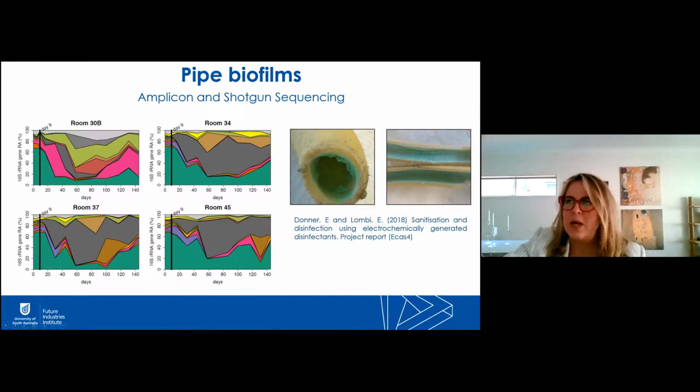Here, you can see the different colors represent different phyla, so families of organisms, and how they change after the introduction of the booster system, which was cleaning the water.